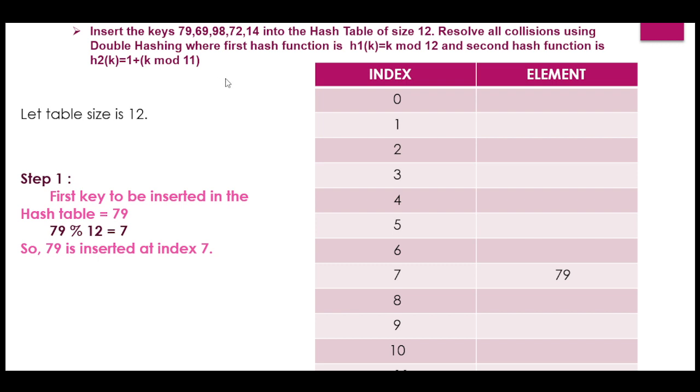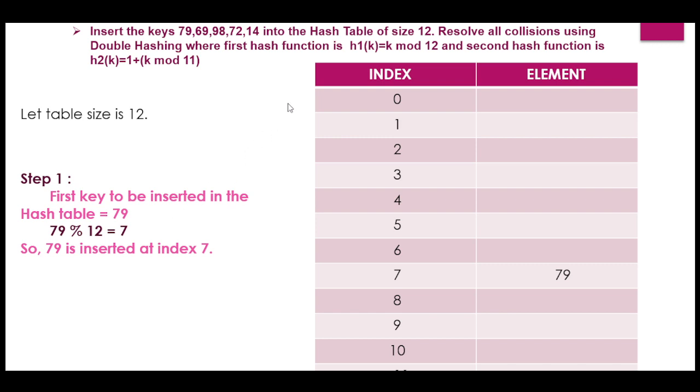Here in the question itself they have given the table size as 12, whereas we saw before there is no table size given in the question, so we assumed it based on the number of elements. As I said before, table size should be greater than the number of elements. Let the table size given here be 12.